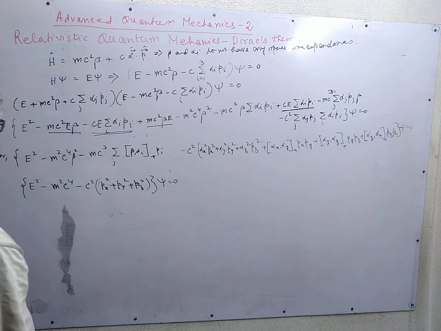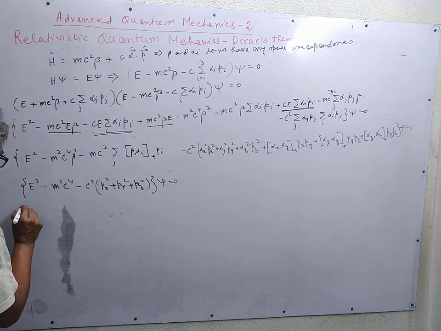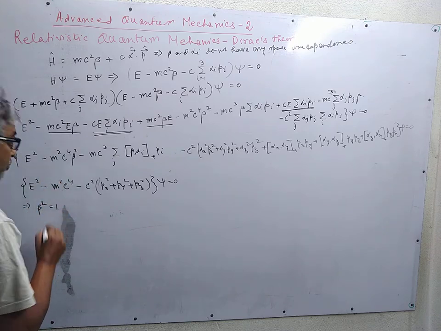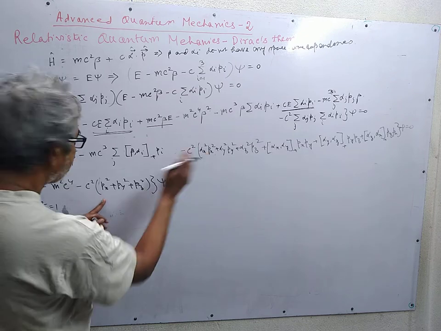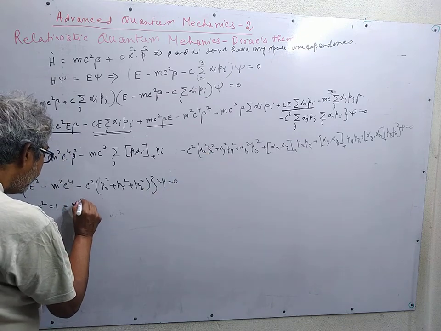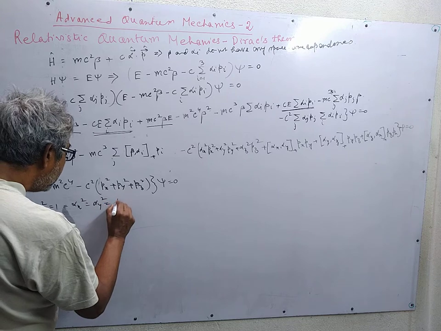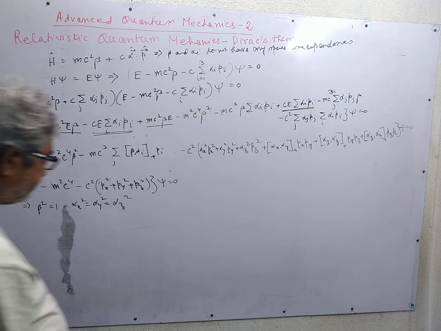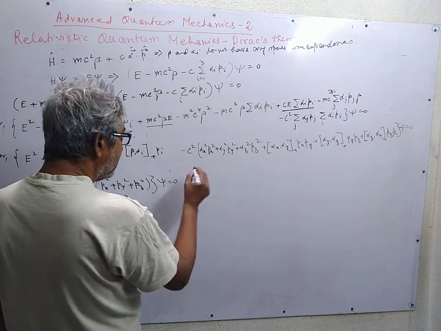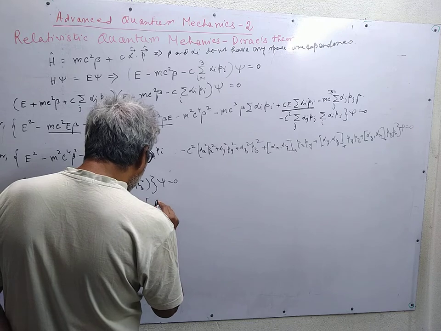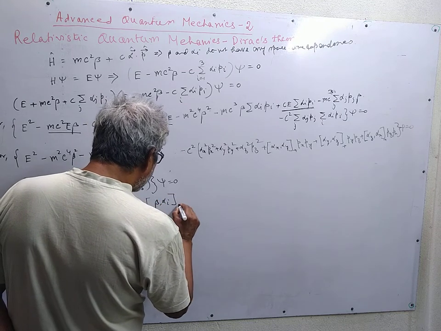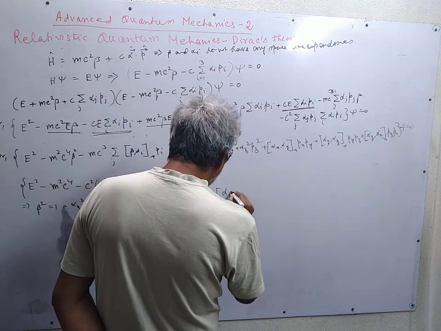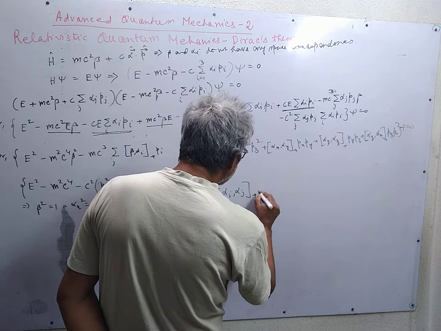So by comparing these two terms, we see that beta square is 1. And comparing c square p square, alpha x square is equal to alpha y square is equal to alpha z square, they all have square equal to 1. And the anti-commutator of beta and alpha i is 0, and the anti-commutator of alpha i and alpha j is 0.